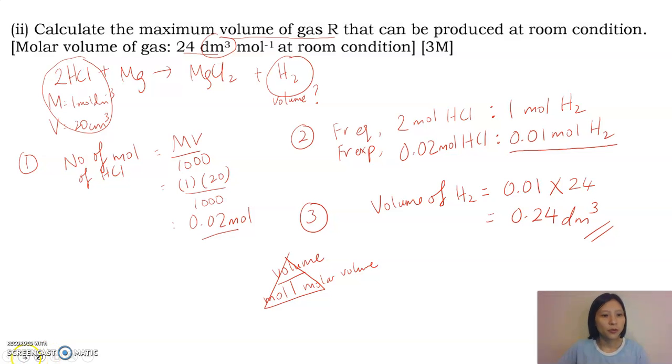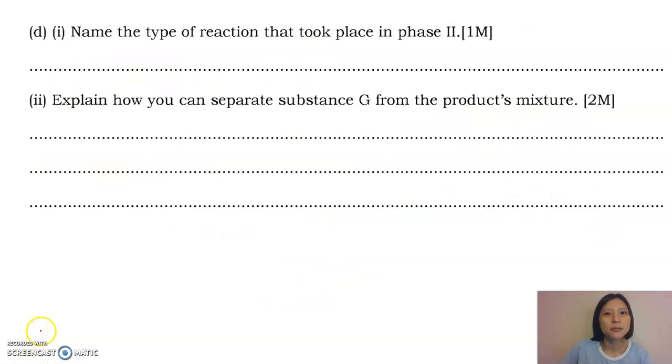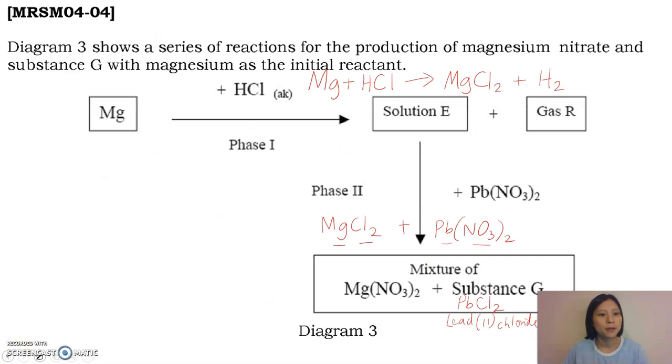Okay, let's move on now. Name the type of reaction that took place in phase 2. Let's go back to the diagram. Phase 2. What type of reaction is this? MgCl2 plus Pb(NO3)2. We have magnesium chloride.